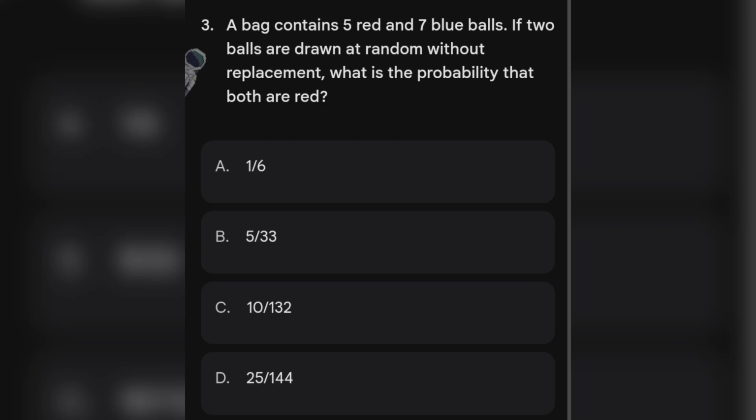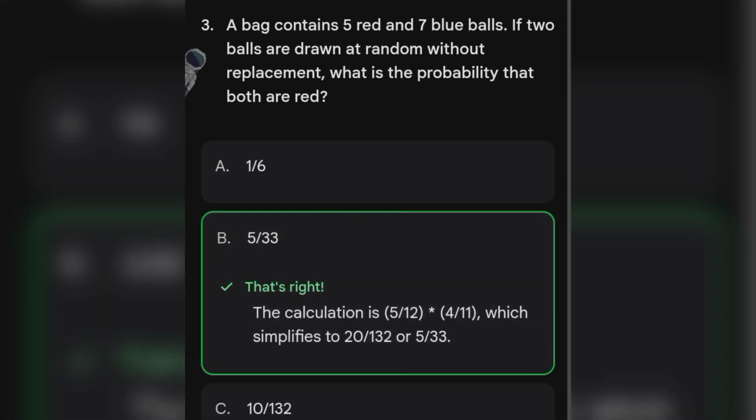It is a straight permutation and combination. In the first draw, taking one single ball, it will be 12, and after that it will be 11, so the denominator decreases. In the first case the ball should be red, so first it will be 5 by 12, and second will be 4 by 11.